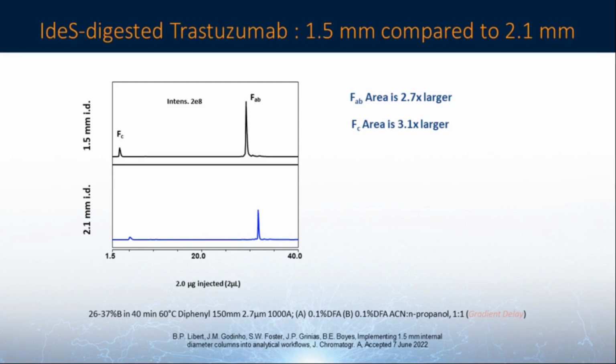For IdeS digested trastuzumab, again, the 1.5 millimeter results are here in black, and the 2.1 millimeter ID results are shown in blue. The Fab area, which is the second eluting peak, is 2.7 times larger, and the Fc area, which is the smaller first eluting peak, is 3.1 times larger.